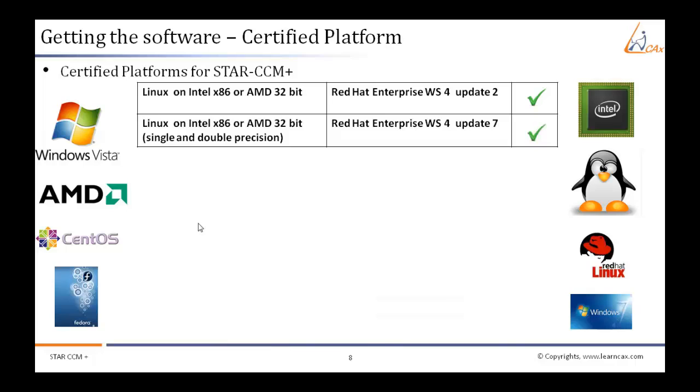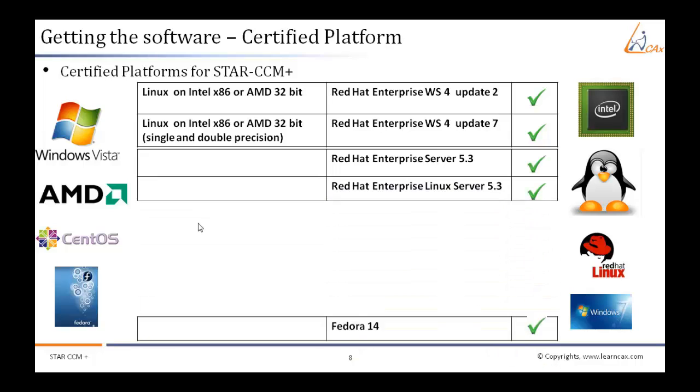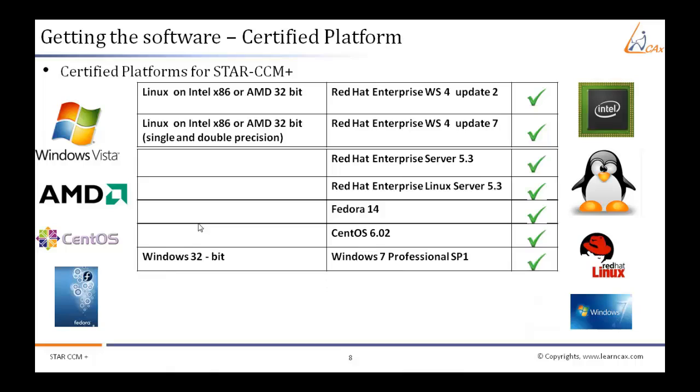It can also run on a Linux AMD single and double precision 32-bit machine with a Red Hat update 7. It can also run on Red Hat Enterprise Linux Server 5.3, as well as Fedora 14. So it can run on all these operating systems, as well as on CentOS on a server installation.